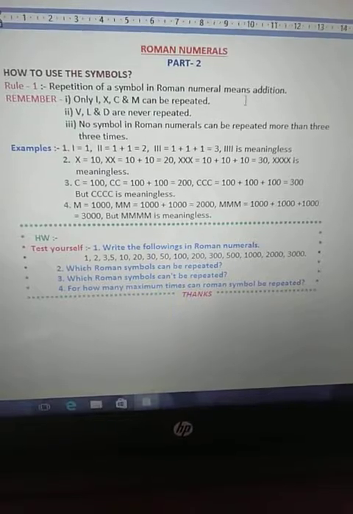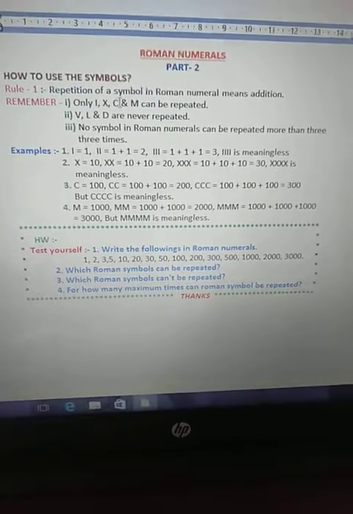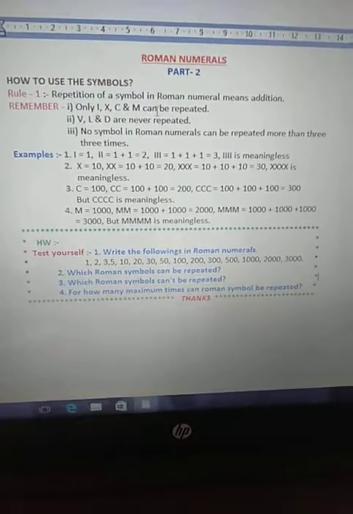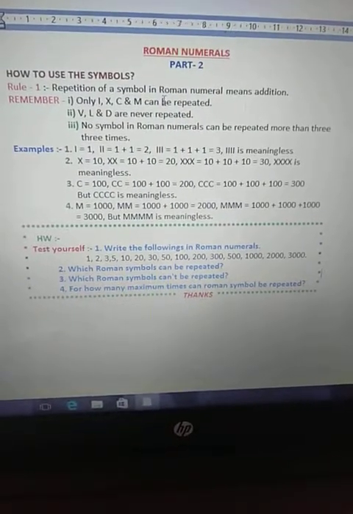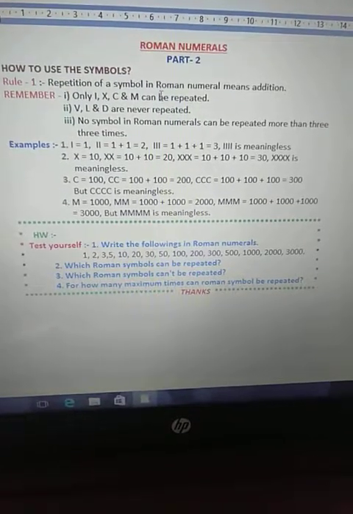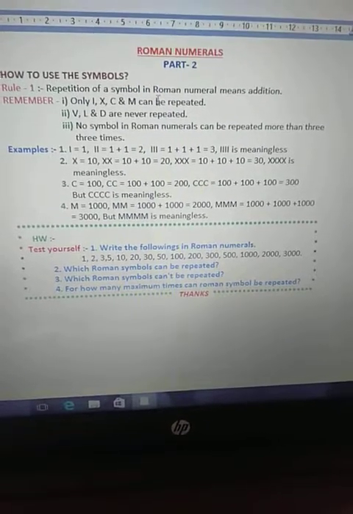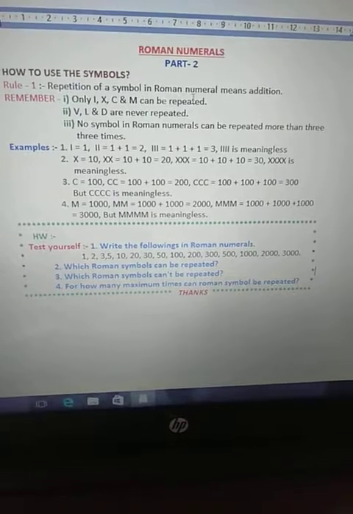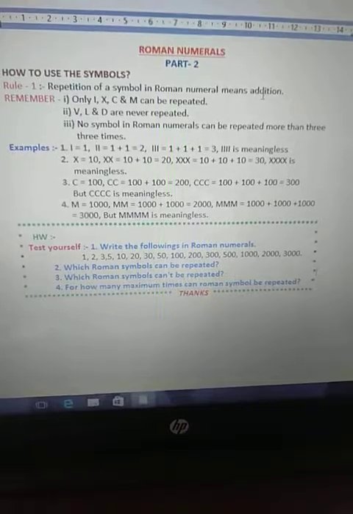What do you mean by repetition of a symbol in Roman numerals? If any symbol is repeated, that means one after another, the next place is filled by that symbol. Suppose I is repeated, or X is repeated. Repetition of a symbol means addition, that means they are added.